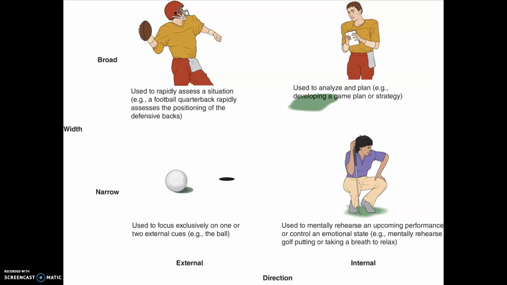A broad internal focus might be analyzing a plan or strategy for a game. A narrow internal focus might be getting mentally prepared to set up to do a specific shot. Those are examples of the different ways we attend to information in our environment.